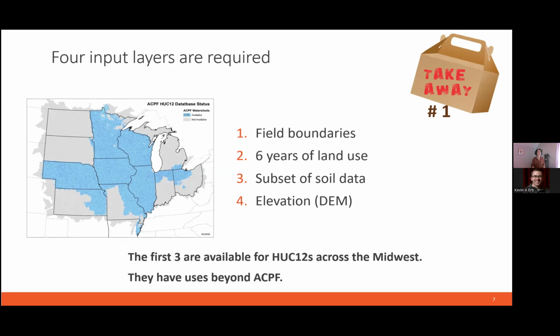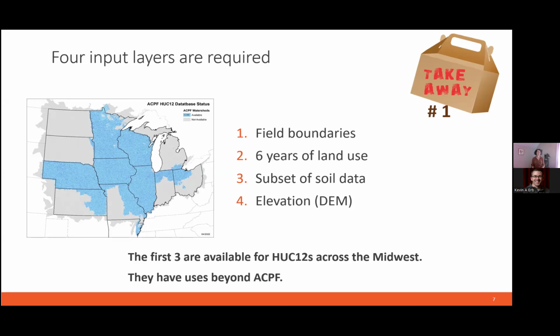The third layer is a subset of the SURGO soil data, and the fourth is elevation data, the digital elevation model. Those first 3 are available for the HUC-12s shown in this map. So you can download those easily at the HUC-12 scale.